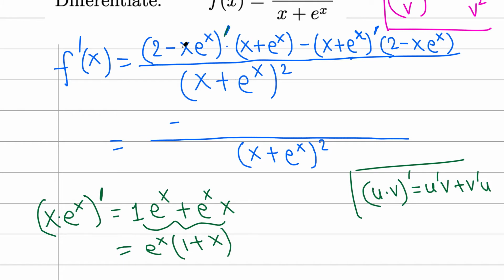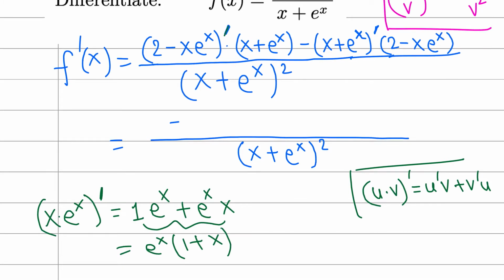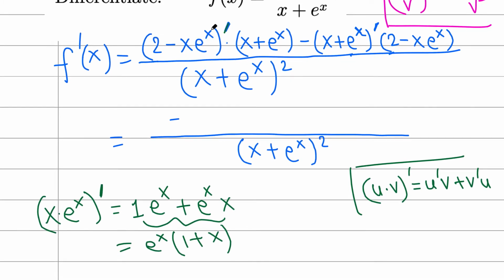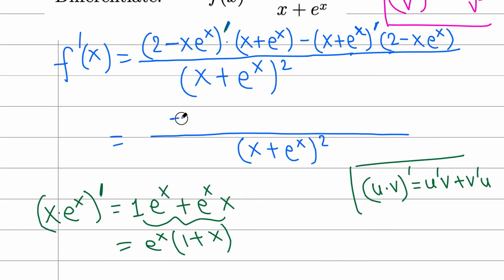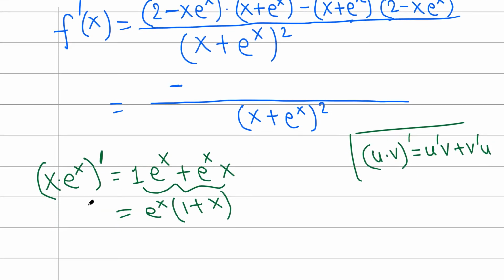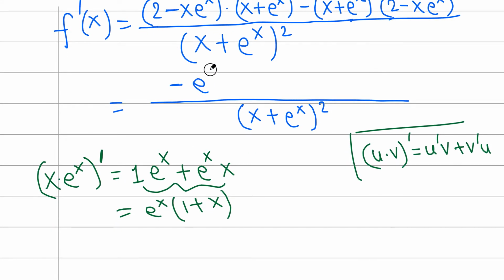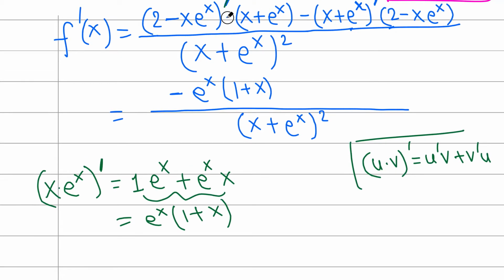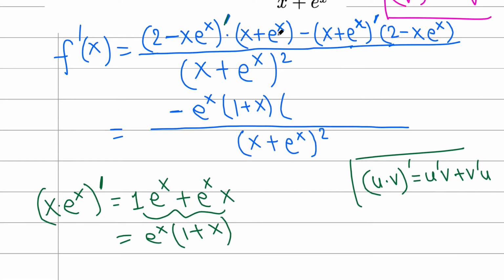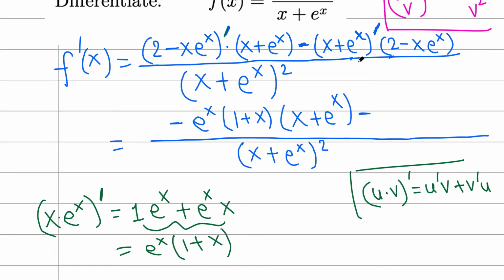So the derivative of this factor is, derivative of 2 is 0, no need to write, minus derivative of x e to the x is found here, that is e to the x (1 plus x), times, we still have this, (x plus e to the x), minus, now I need to find the derivative of these two terms, which should be easy.